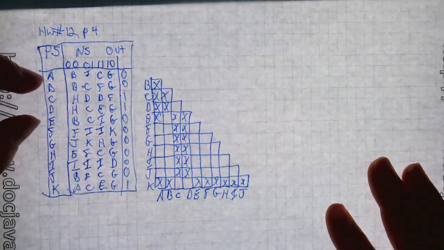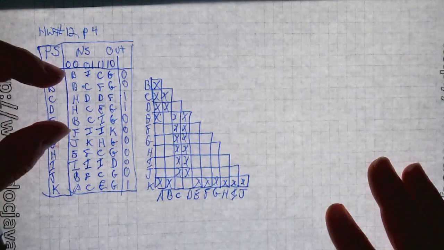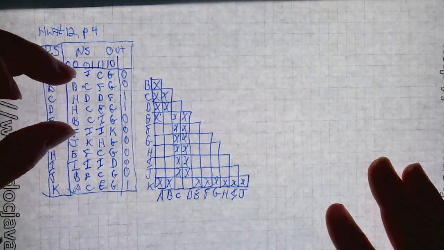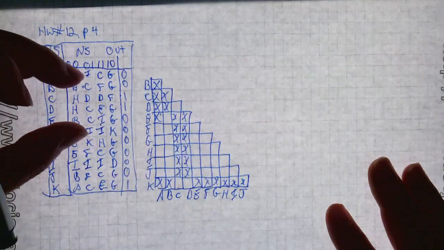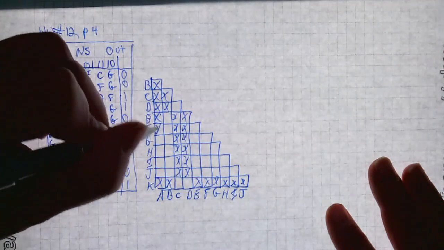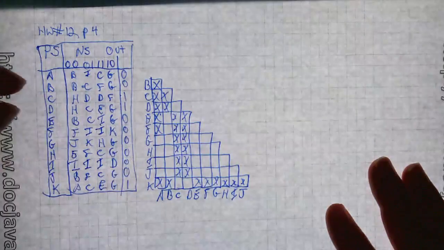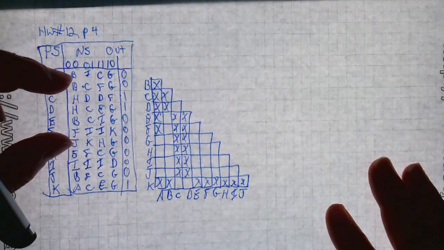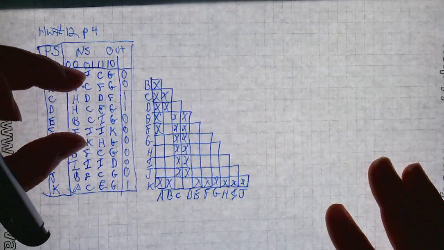A equals F if B equals F. We don't know about that. If I equals I, yes. If C equals I, no, it doesn't. A equals G if B equals J. We don't know about that. If I equals K, it does not.